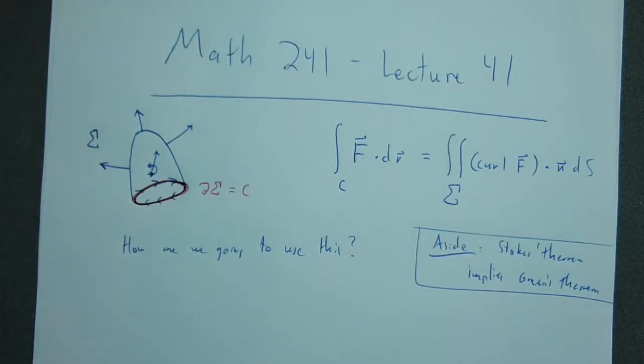If you take your sigma to be a piece of the xy plane, say bounded inside some curve C, oriented counterclockwise, which means I'm taking my normal pointed upward, then Stokes' theorem can be used to prove Green's theorem.